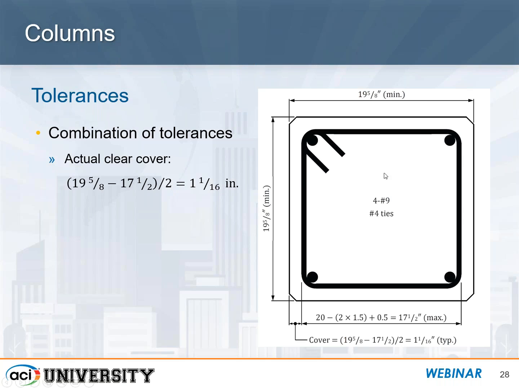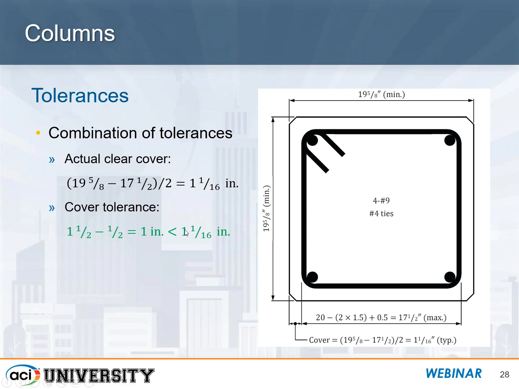So the actual cover, when you consider the minimum column dimension and the 17.5, which takes into consideration the other tolerance for cover, it can go down to 1 1/16 of an inch for your actual cover. Now our cover tolerance is our specified cover minus that ½ inch that's specified in ACI 117, and that's 1 inch.